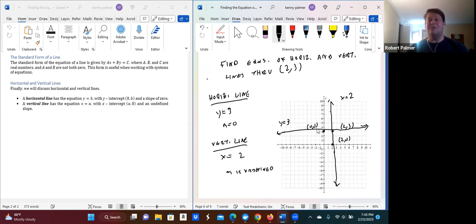So that's what the equations of horizontal and vertical lines look like. A horizontal line is always y equals a number, the y-coordinate of any point it goes through. And a vertical line is x equals a number, the x-coordinate of any point it goes through. And that's how to find the equation of a line.